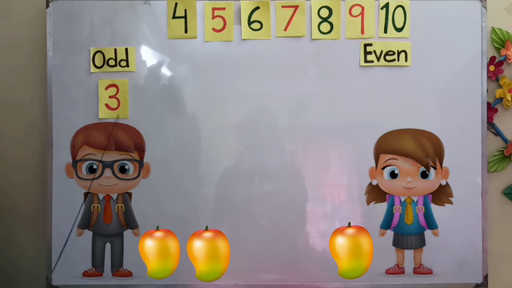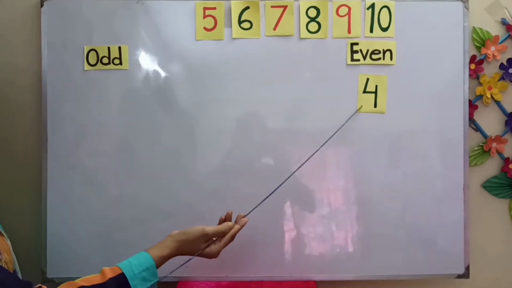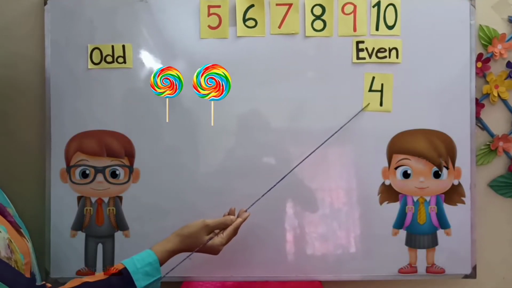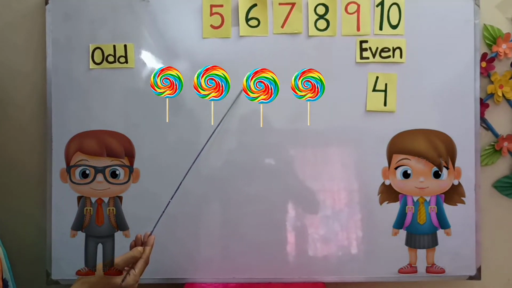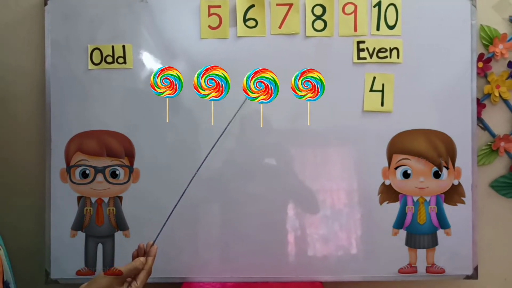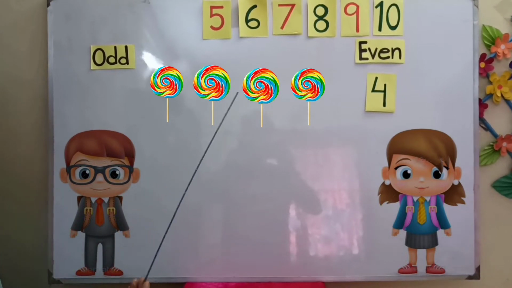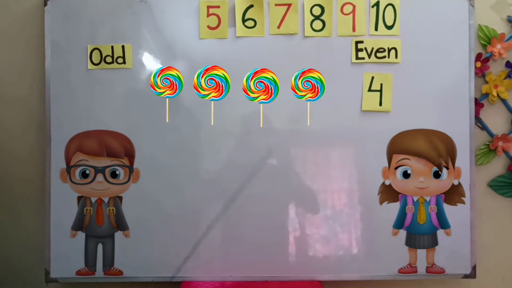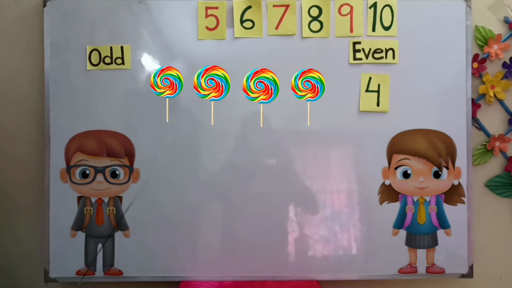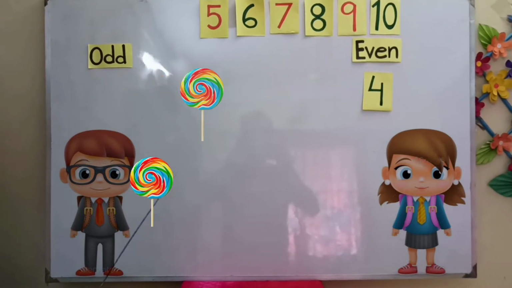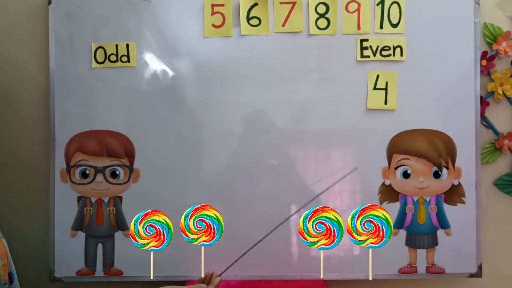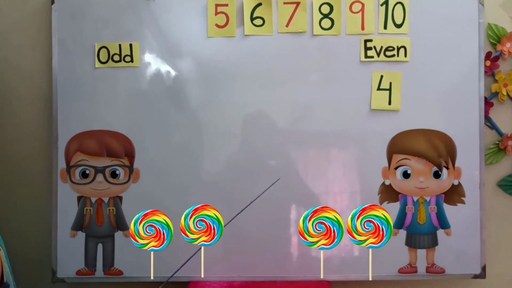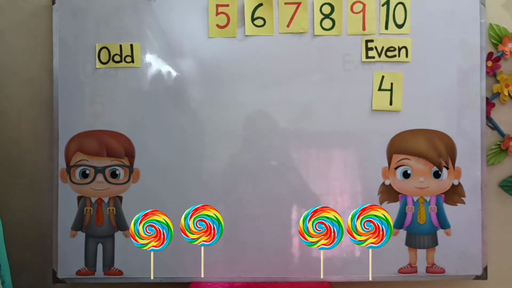So, 3 is odd. 4. 4 is an even number because of the 4 lollipops, Molly and Tony are getting them equally. Tony is getting 2 lollipops and Molly is getting 2 lollipops. So, number 4 is an even number.